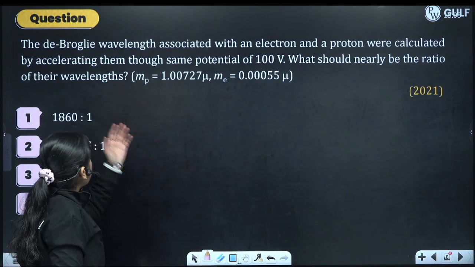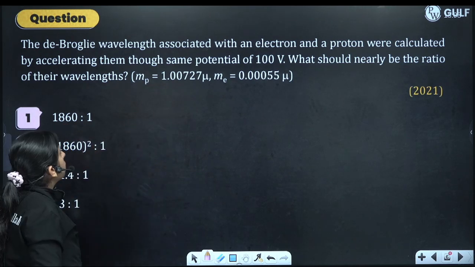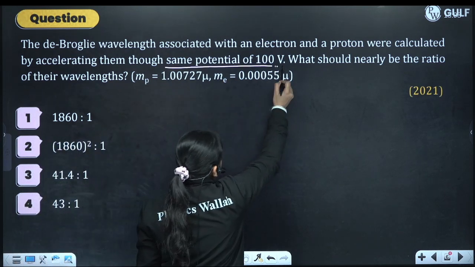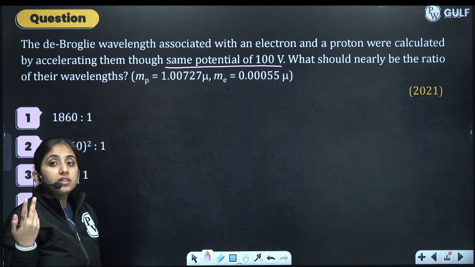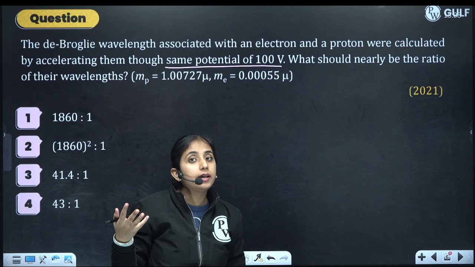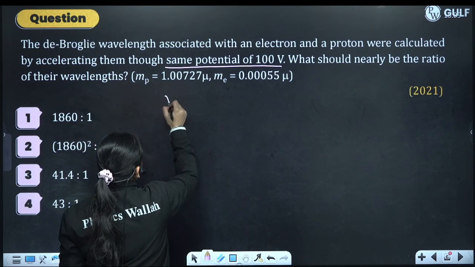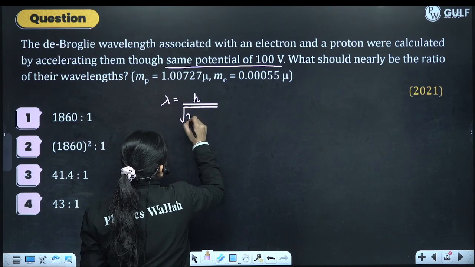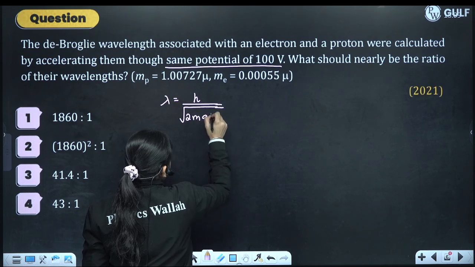The de Broglie wavelength associated with an electron and a proton were calculated by accelerating them through the same potential of 100 volt. If we accelerate them through the same potential, kinetic energy gained will be equal to Q into V. So what we will have again, lambda is equal to h by under root of 2m qV.